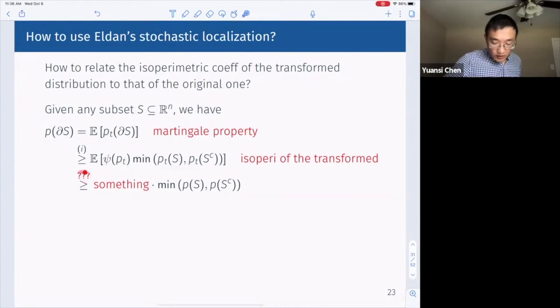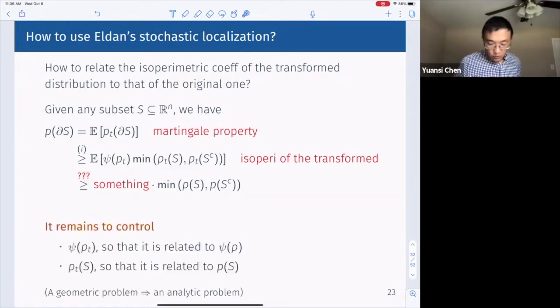Then you just need to relate this isoperimetric coefficient at time t to the isoperimetric coefficient of the density you want to prove. And you want to control the volume of the set P_t(S) at time t, so that it can be related to P(S).